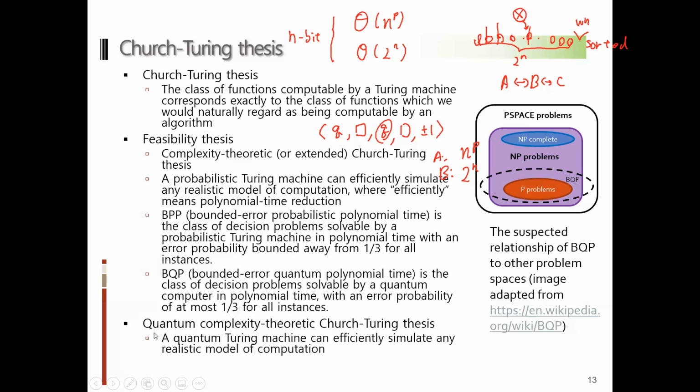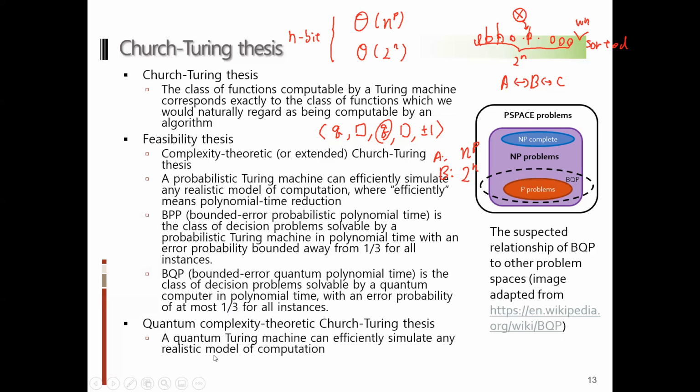This new thesis is called the quantum complexity-theoretic Church-Turing thesis. In this case, instead of limiting ourselves to the probabilistic Turing machine, we consider the quantum Turing machine, and the quantum Turing machine can efficiently simulate any realistic model of computation.